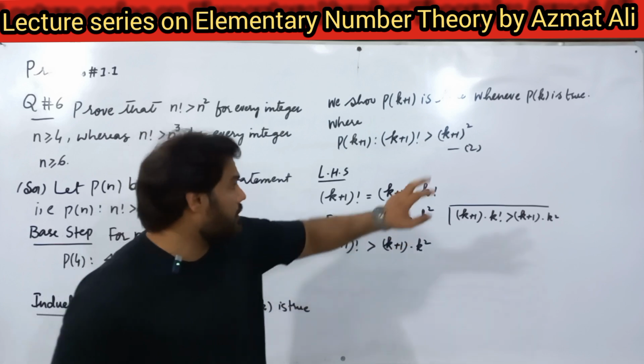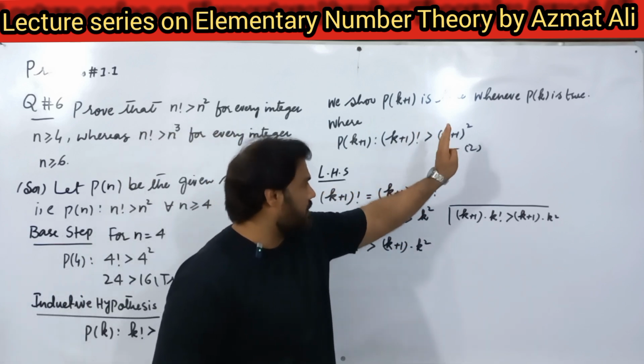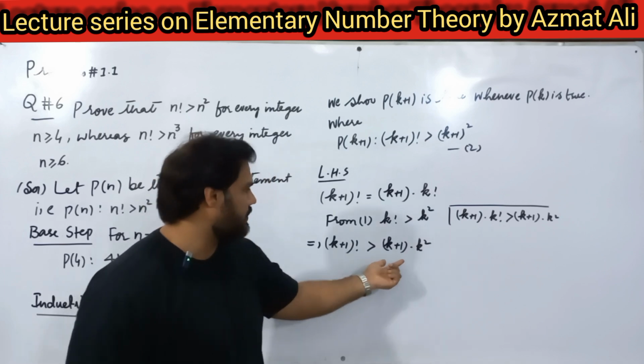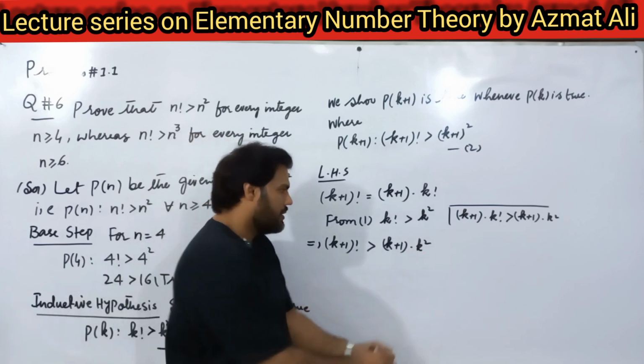Next, I can obtain my inequality number 2, the right side of inequality number 2, that is k plus 1 square.